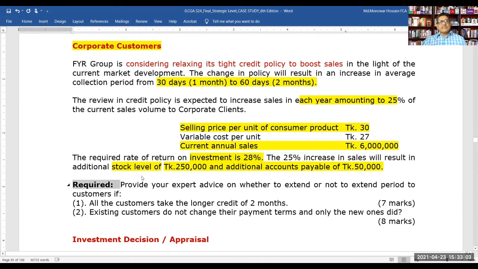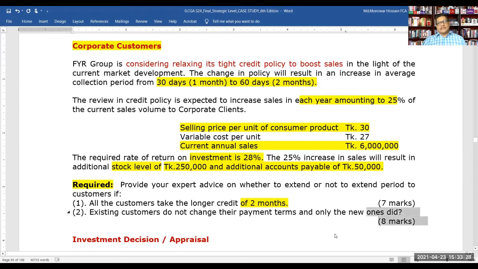So here the requirement is: provide your expert advice on whether to extend or not to extend credit to the customer. If all the customers take the longer credit of 2 months, the marks are 7, and if existing customers do not change their payment terms and only the new ones take 2 months, 8 marks.